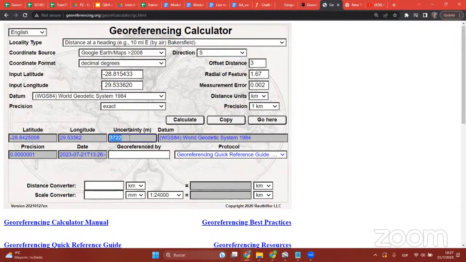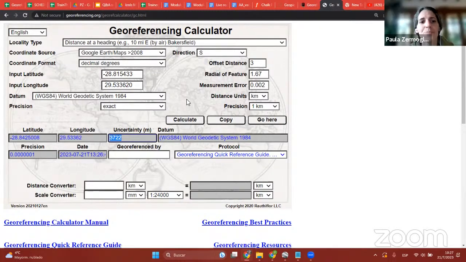I've typed a response. Okay. Exactly. We have two answers in the chat, and both of them say it's because of the precision of the direction being south, we're more precise because we have a direction.